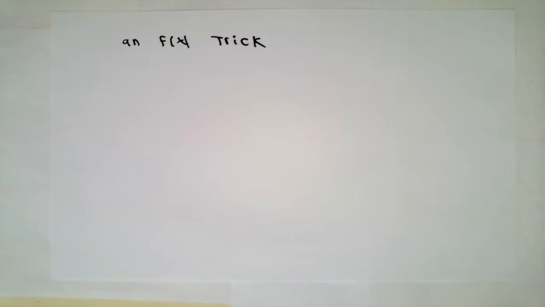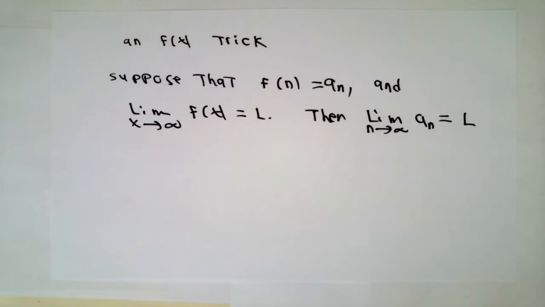One way to get around this, at least partially, is what I'm going to call an f of x trick. We may have several of these as we go along. Suppose that you had a function f that was defined on the real line, not just at positive whole numbers, just any old numbers.